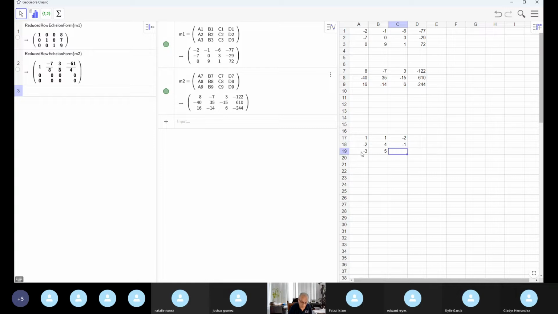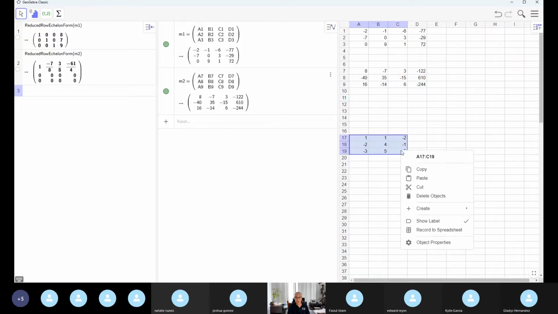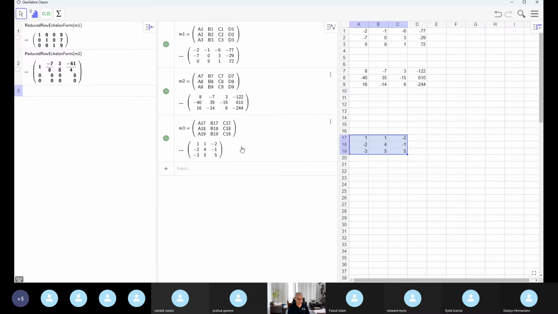They copy well. Let me double check. I select and compare to the matrix. This is matrix 3. The numbers 1, negative 1, negative 4, negative 1, negative 3, 5, 5.